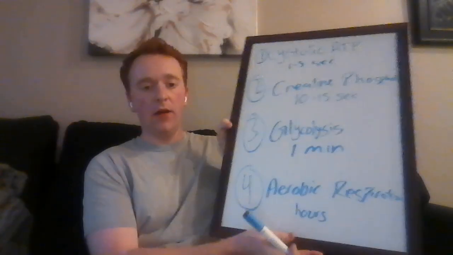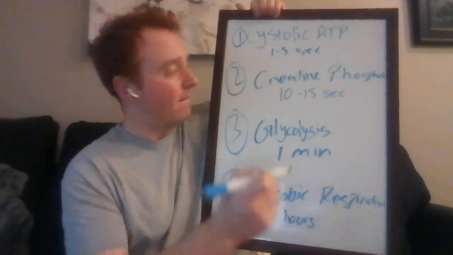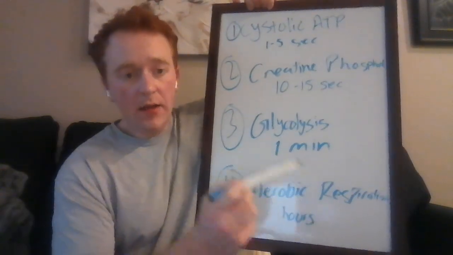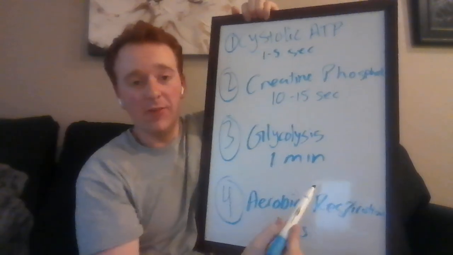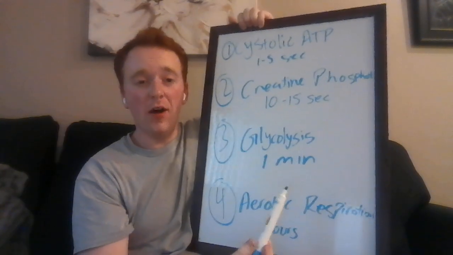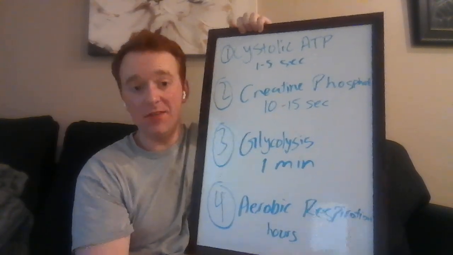And then finally we have aerobic respiration. Aerobic respiration lasts for hours. Okay. I don't know if you can see this well, hopefully. These are the different forms. So these 3, the first 3, are what we call anaerobic types of energy.